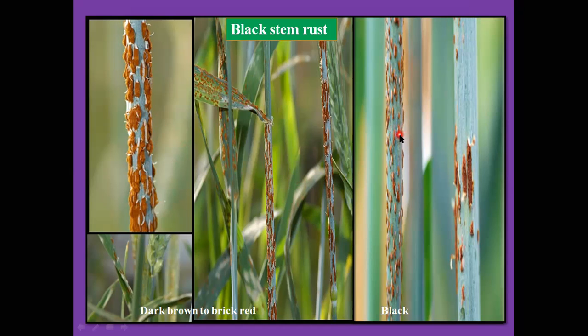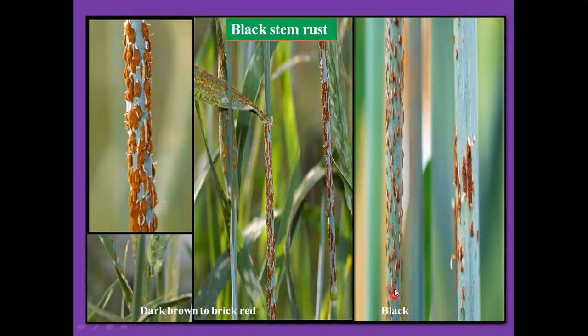In the last stage of infection, the stems having lesions are generally black in color. In severe infection, or in warmer or humid conditions, these blackish pustules spread over the surface of the stems and the leaves. So the infected stems may be weakened.